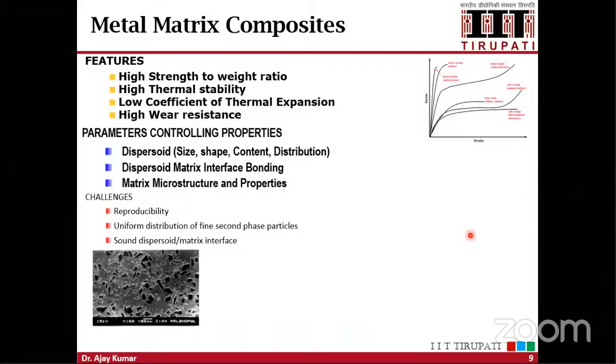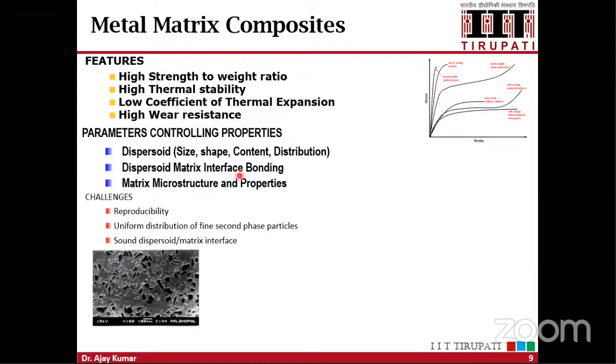So now we have understood that metal matrix composite materials have a high strength to weight ratio, high thermal conductivity, low coefficient of thermal expansion, and high wear resistance. But the controlling parameters for these composite materials are the dispersoid, meaning reinforcement, its size, shape, content, and distribution.